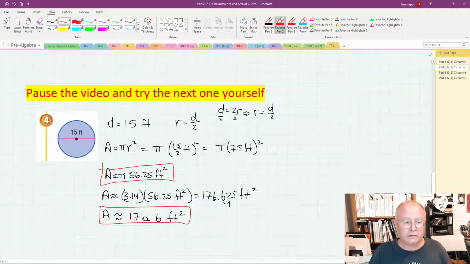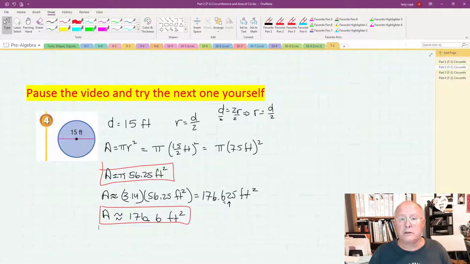So it's not too difficult. Now, I believe that the book is using the full value of pi, which is why their answers are going to be just a touch different than the ones that I've calculated here. That's not an issue. All right? They're using the pi button.